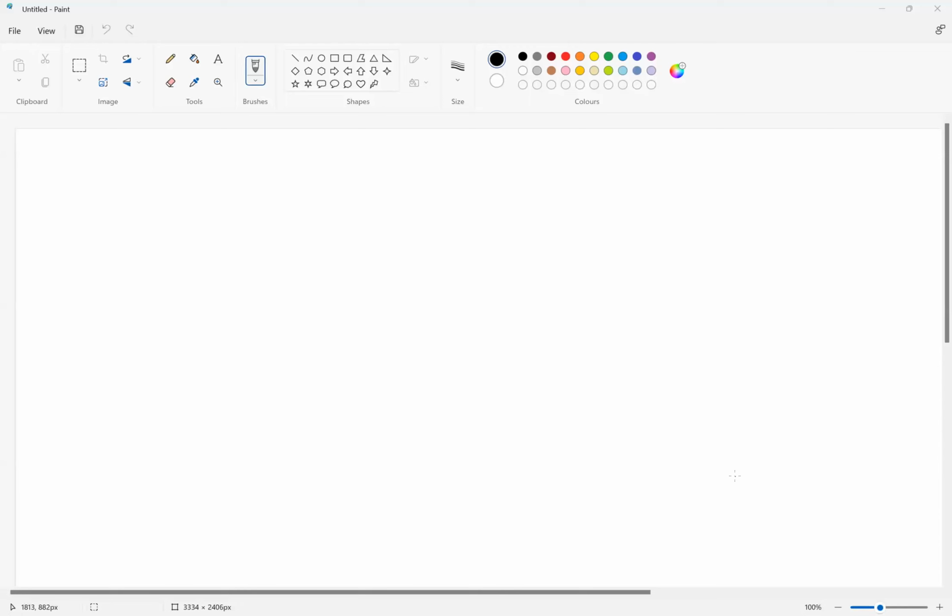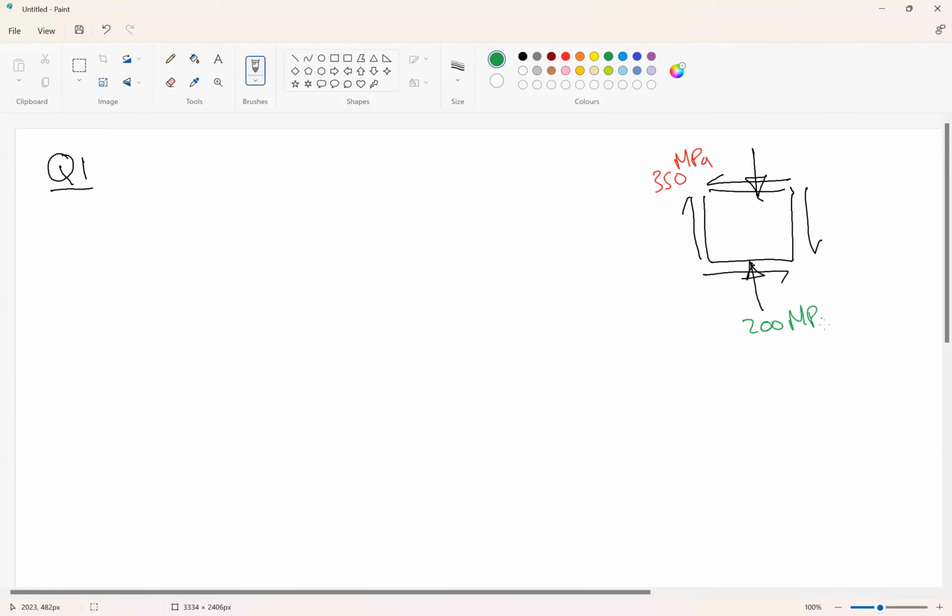Okay. So we have question number 1. We have a small element under stresses. So these are the stresses given to us. Again, this was 350 MPa, and this was 200 MPa.